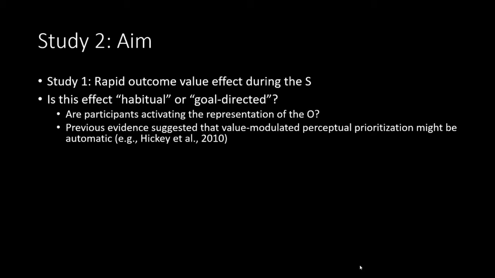It could be that the participants see the stimulus and they activate a mental representation of the outcome that is usually associated with that stimulus. They say, oh, this outcome is really good. And this outcome is really good is what is being activated there during the stimulus. This is like a goal-directed way of seeing this value effect.